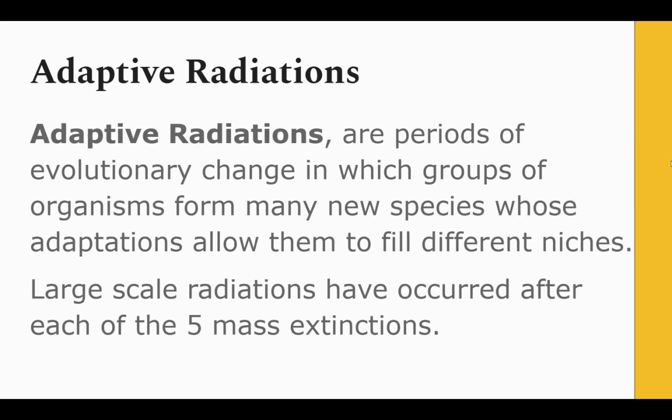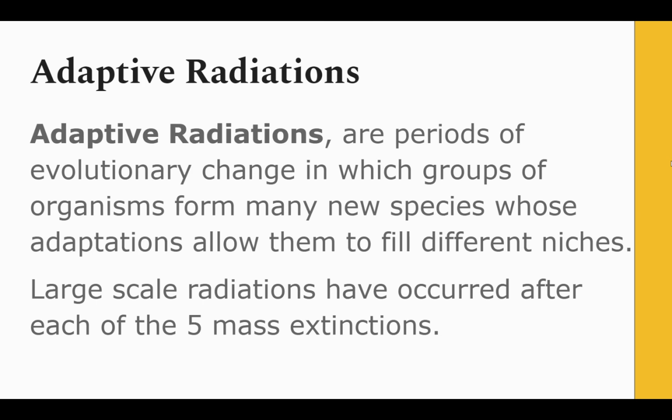So this is called adaptive radiation, where we have periods of evolutionary change, where we have many new species that allow us to fill different niches. And we can calculate that a lot of these radiations happened after the five mass extinctions.